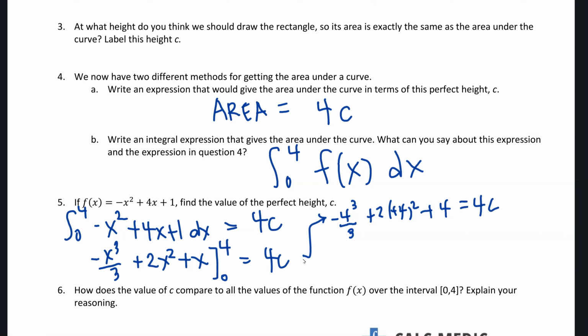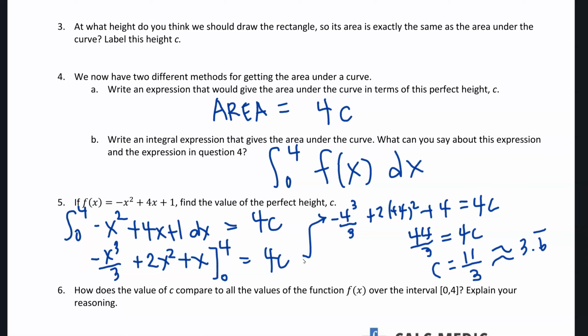So what do we get? So that's what, 44 over 3. Divide both sides by 4. So c is going to be equal to 11 over 3. Put that in your calculator. That's roughly 3.67, repeating.